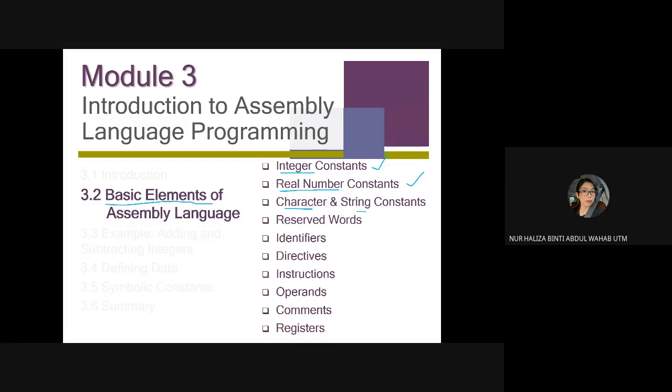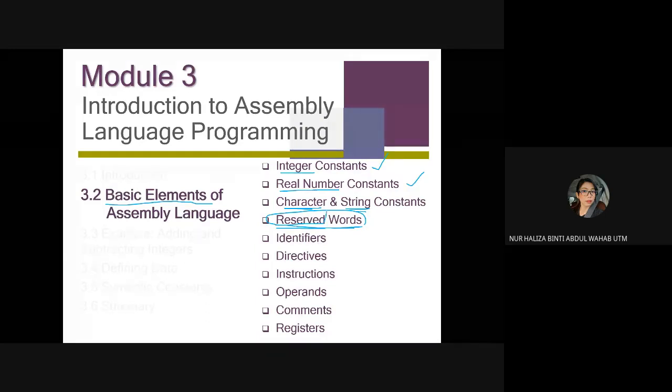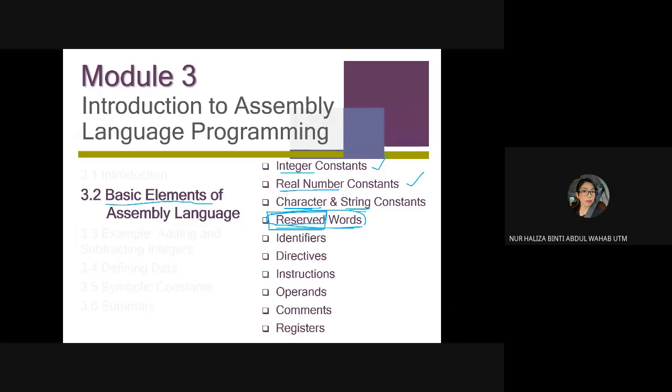Character and string are also different. Reserved words: what are the words that you cannot use in your programming? They are already reserved for certain actions, like maybe move, add, subtract. So those are all the reserved words.